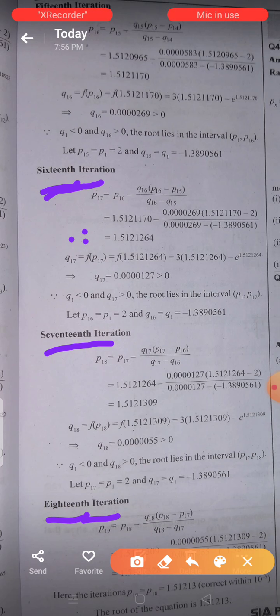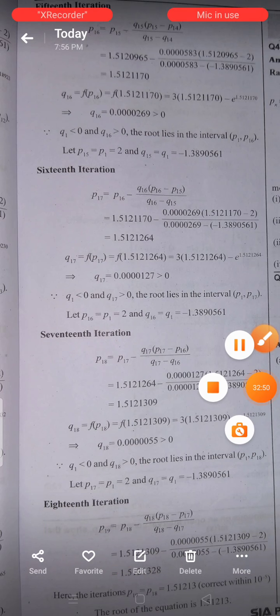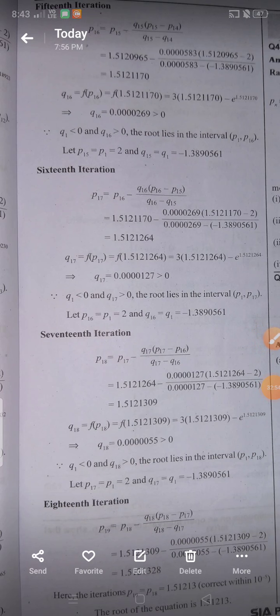P19 is equal to P18 minus Q18 into (P18 minus P17) divided by (Q18 minus Q17), which is 1.5121309 minus 0.5055 into (1.5121309 minus 2) divided by (0.5055 minus Q17 minus 1.3890561).